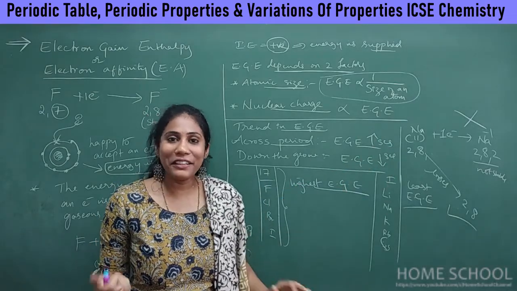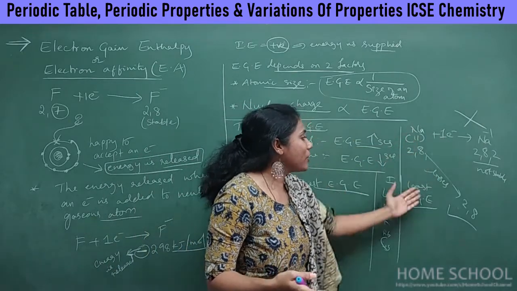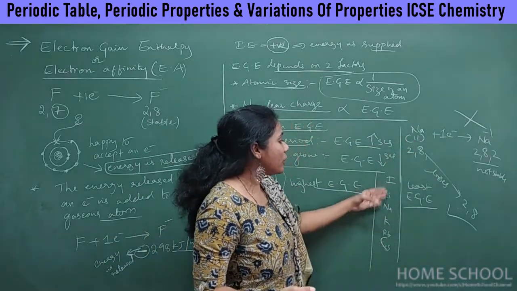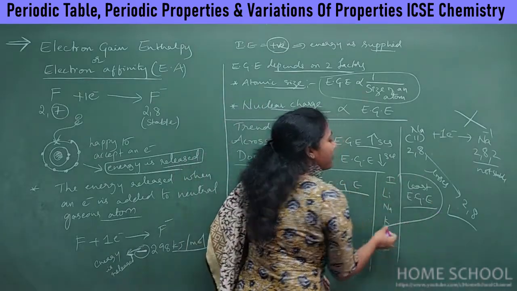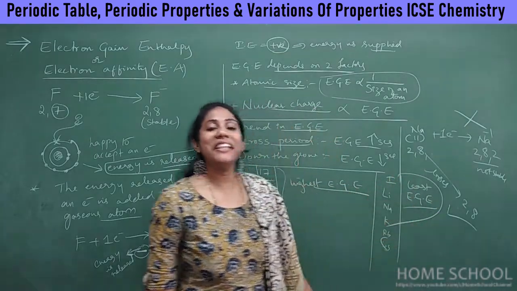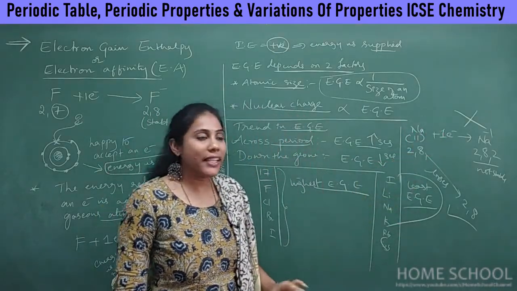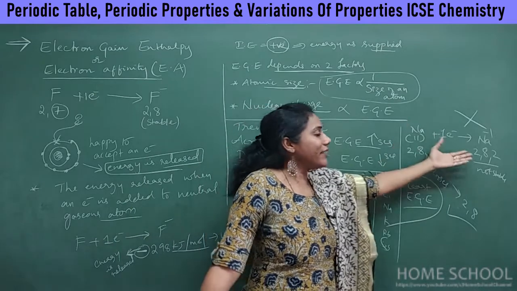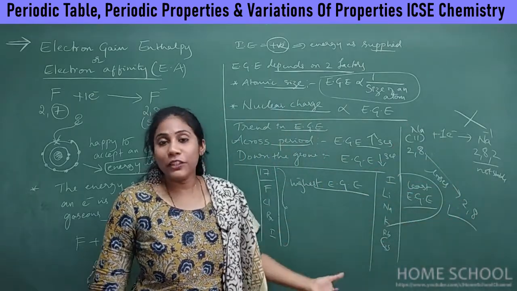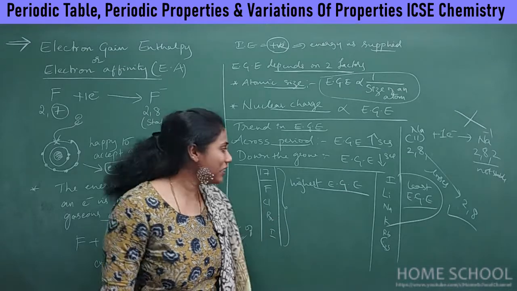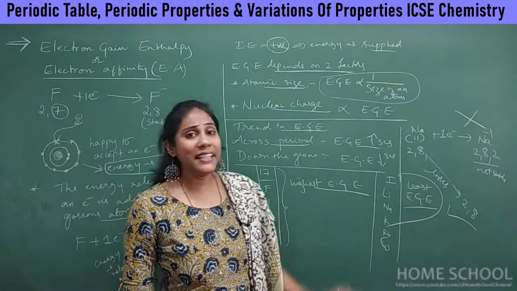That's why it's less happy to accept the electron. So all these guys, not only sodium, lithium, potassium, rubidium, all of them have least electron gain enthalpy. They are not happy to accept an electron. If they are not happy, no energy is released when you put the electron into the outermost shell. Clear? So this is the concept of electron gain enthalpy.